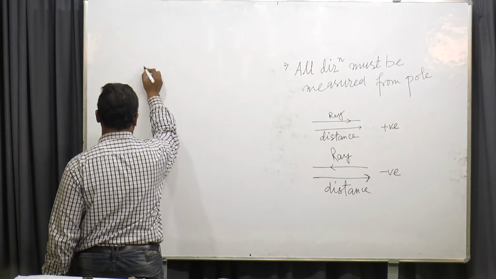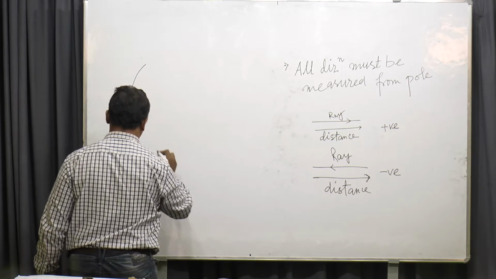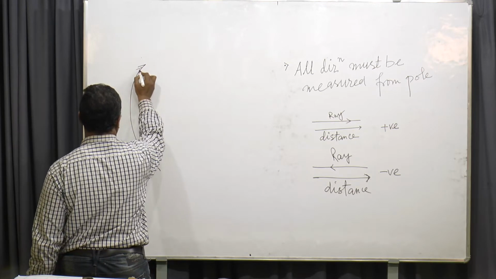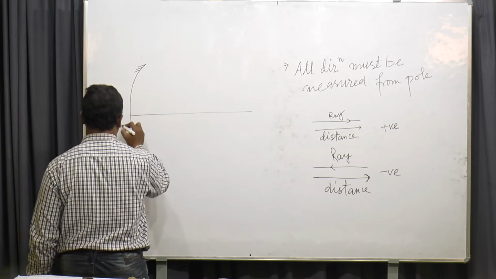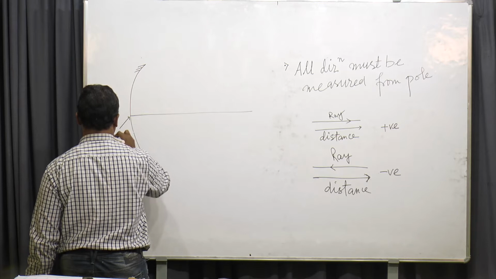Suppose I have a concave mirror. So this is my pole, that point is my pole.